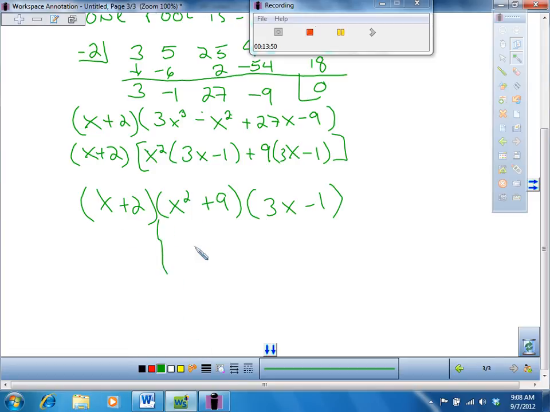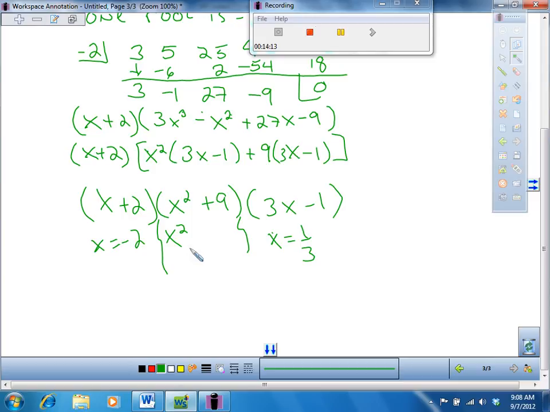So now, we already have this factor, or this root, x equals -2. This gives you 3x equals 1, so x equals positive 1/3, which was one of my possible rational roots. And this gives my other two imaginaries. What are those two?